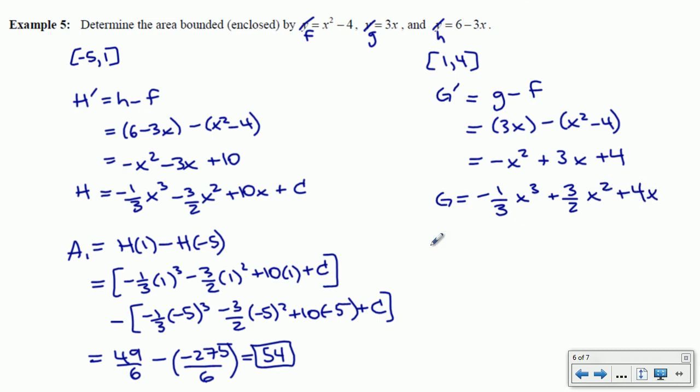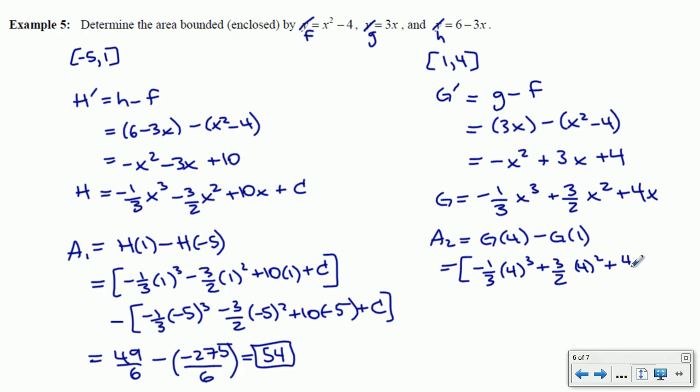And in order for us to find area 2, the orange one, we would go G(4) minus G(1). So everywhere we see an x, we can put in a 4 at first. So we would have -1/3(4)³ + 3/2(4)² + 4(4) plus c if you like. It'll go away anyways.